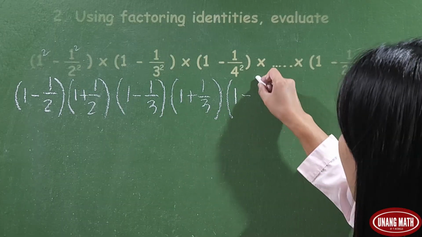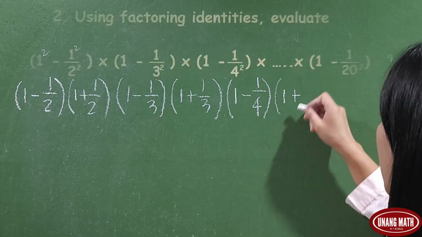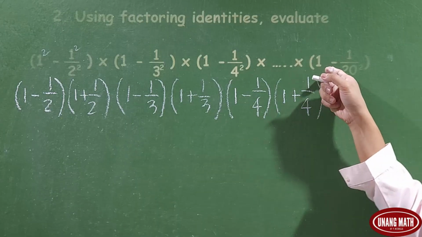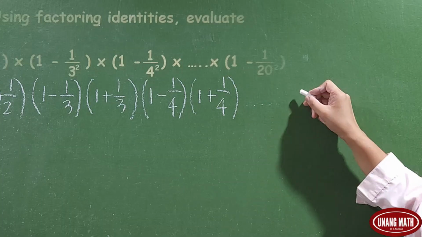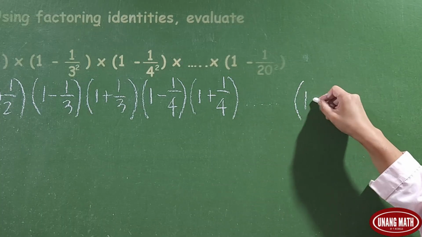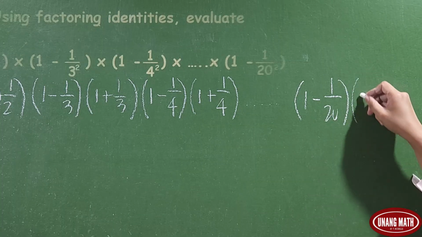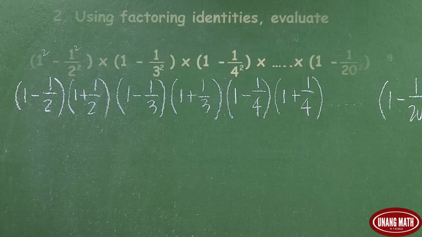So we have here 1 minus 1 over 4 times 1 plus 1 over 4, and so on. What about 1 minus 1 over 20 squared? So this is then equal to difference of squares, 1 minus 1 over 20 times 1 plus 1 over 20.